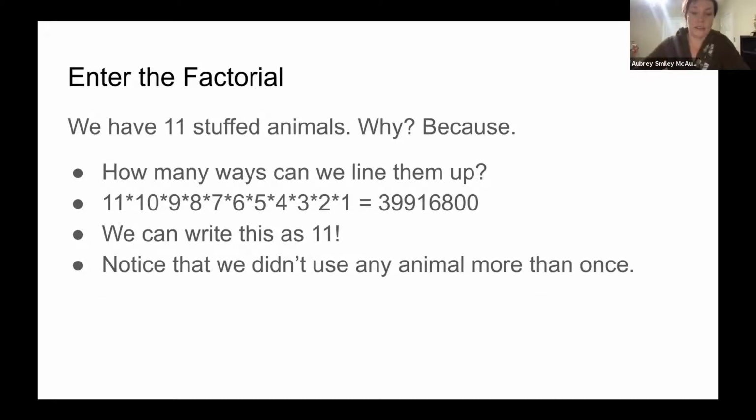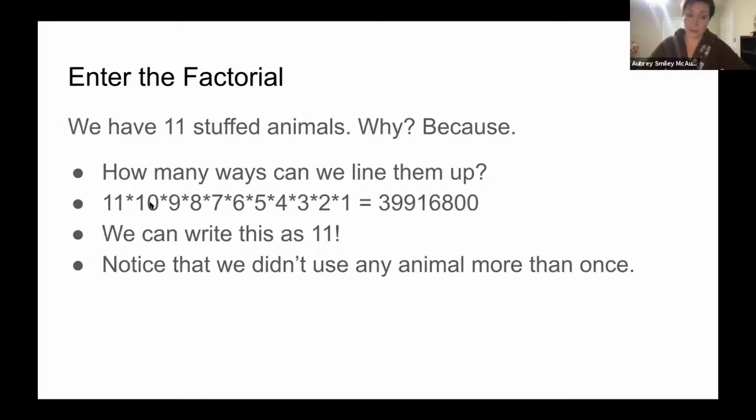So what if we have 11 stuffed animals, 11 zombies, 11 pieces of cake that are different, and we want to just set them up in a line? Every time we use one, we're taking it out of the sampling pool and we can't reuse it. So if we have 11 stuffed animals and we're lining them up, there are 11 options for the first step. The other 10 animals are still hanging around.